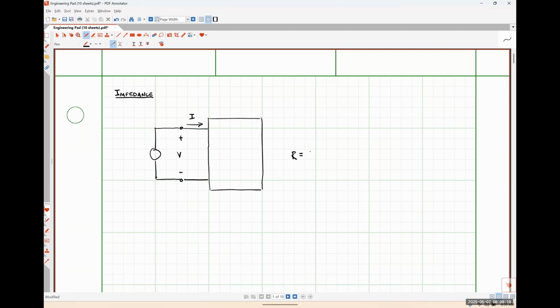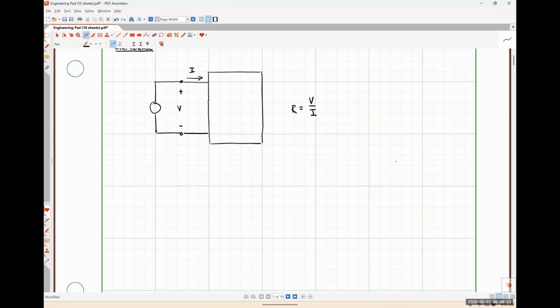So R was simply V over I. If we take a similar network and we sinusoidally excite it, like so, if we measure the phasor voltage drop across our network and the phasor current flowing through our network, we will get what is commonly referred to as an impedance Z, defined as the ratio of phasor voltage to phasor current.